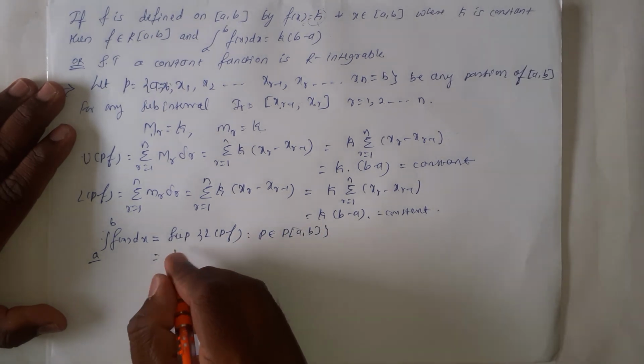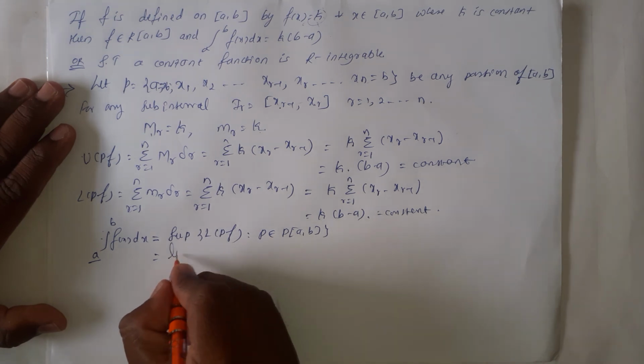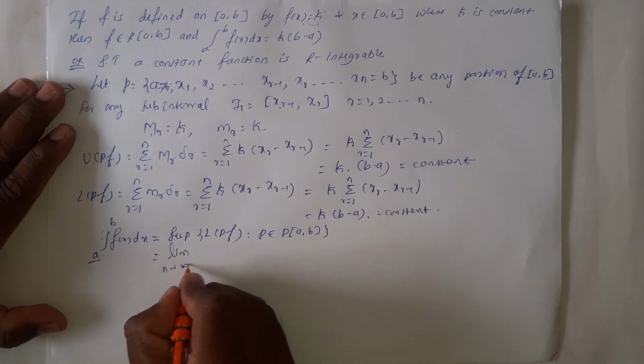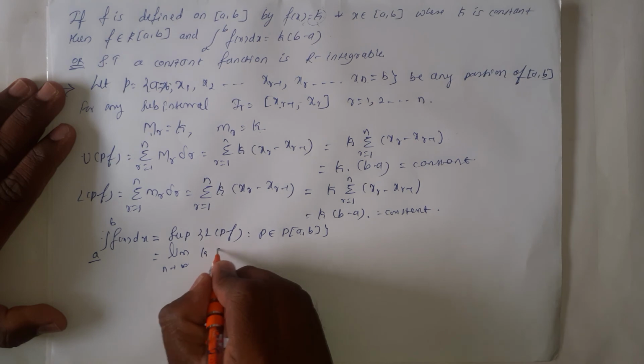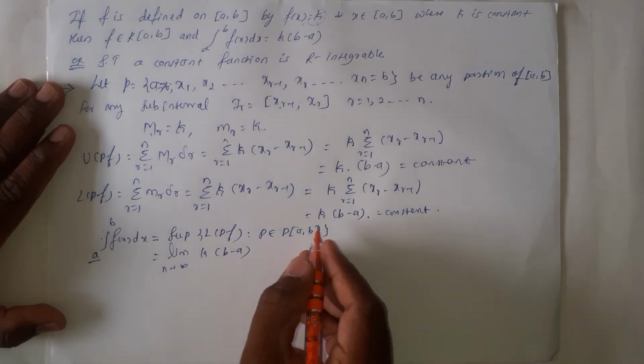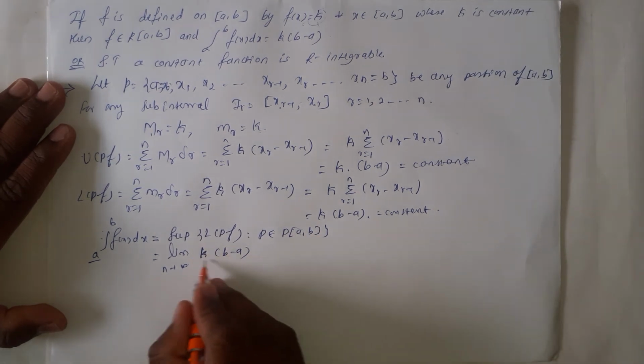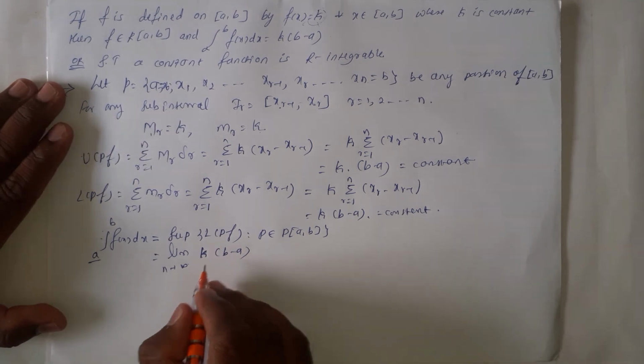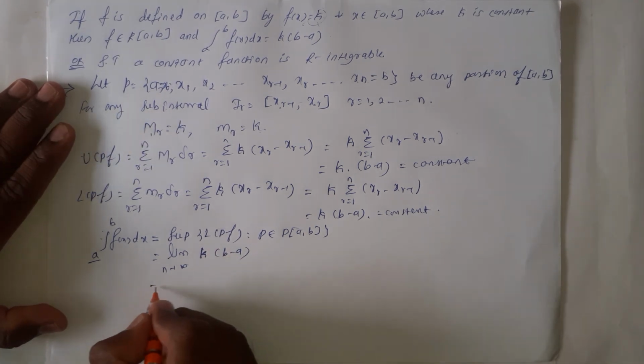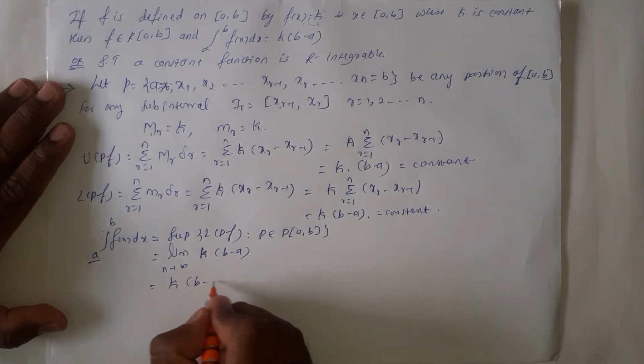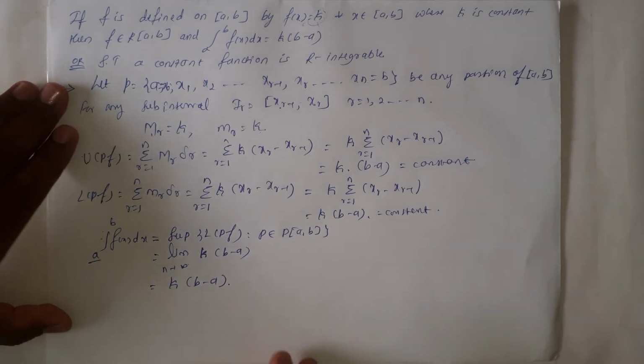Now it is limit as n tends to infinity k times b minus a, because that is the LPF, and this LPF is constant, means it is independent of n, then it is nothing but k into b minus a only.